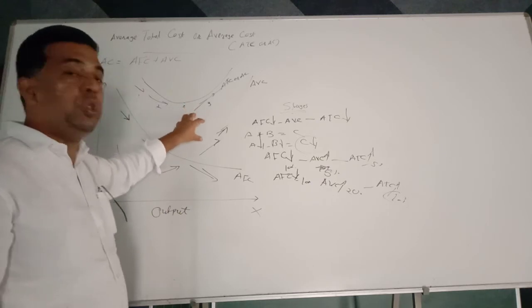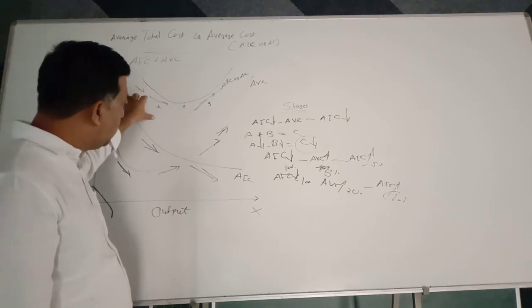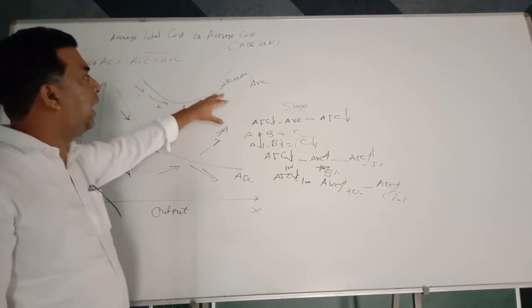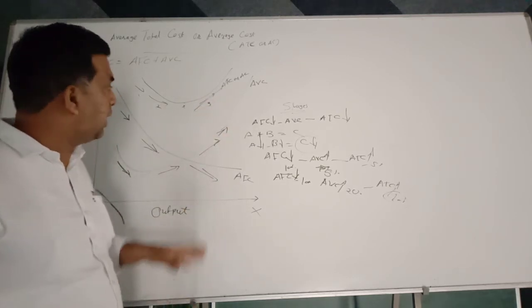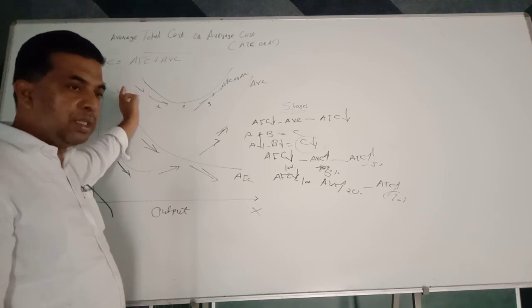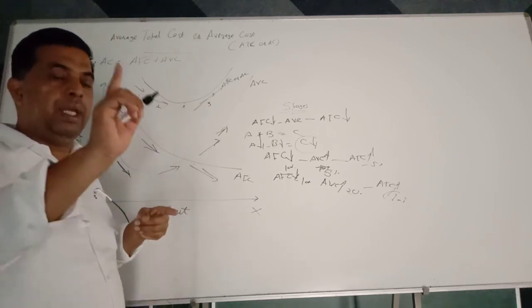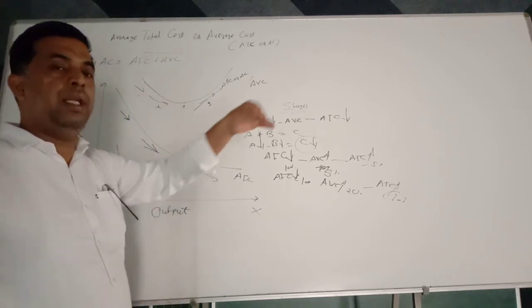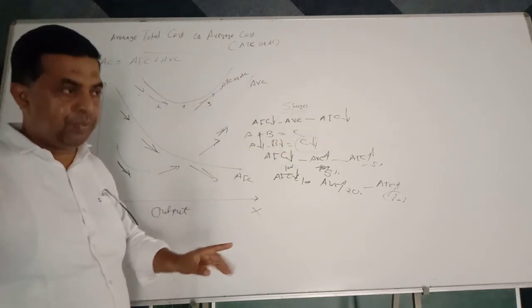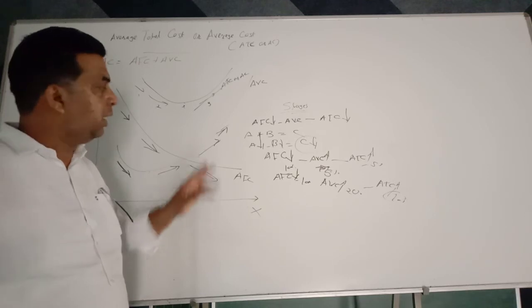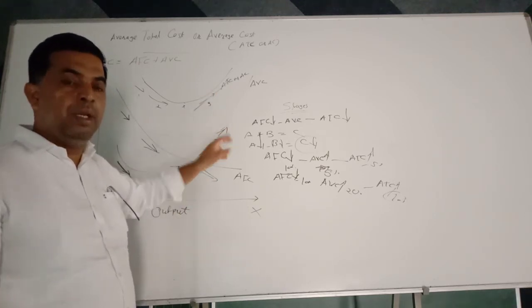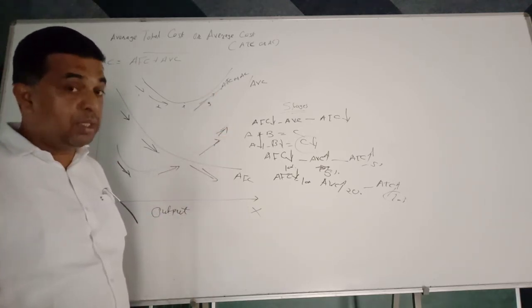So this is the behavior of average total cost. It is also U-shaped, falls in the beginning, reaches at minimum level and then rises. But उसको 3 स्टेज में हम लोगों ने एक्सप्लेन किया है. कैसे? In the first stage, AFC and AVC fall, ATC will also fall. In the second stage, AFC falls, AVC rises, but ATC falls. What is the reason?